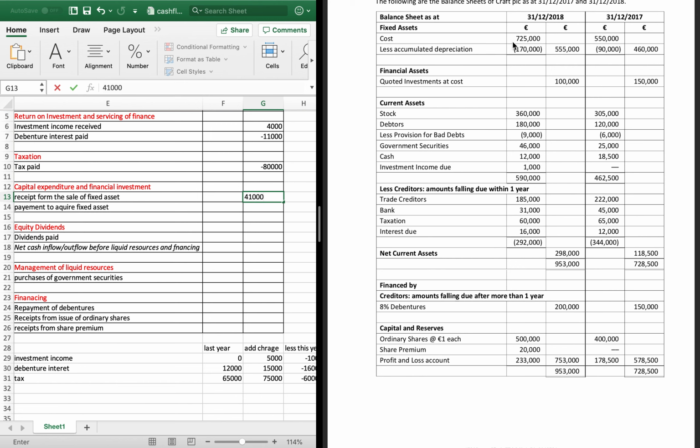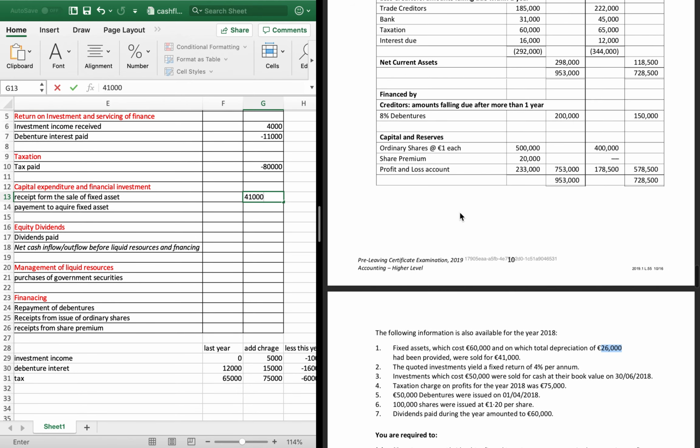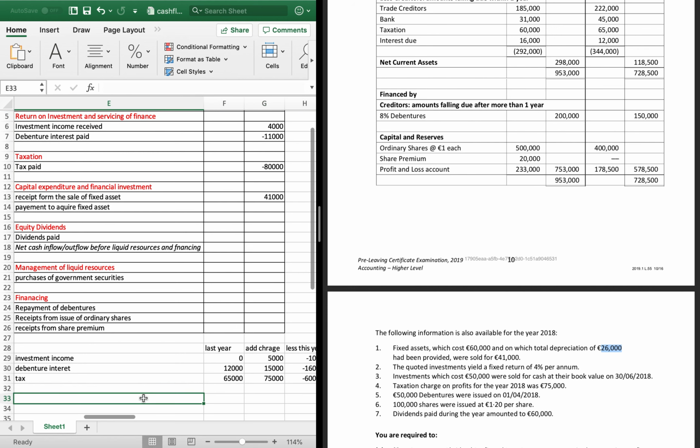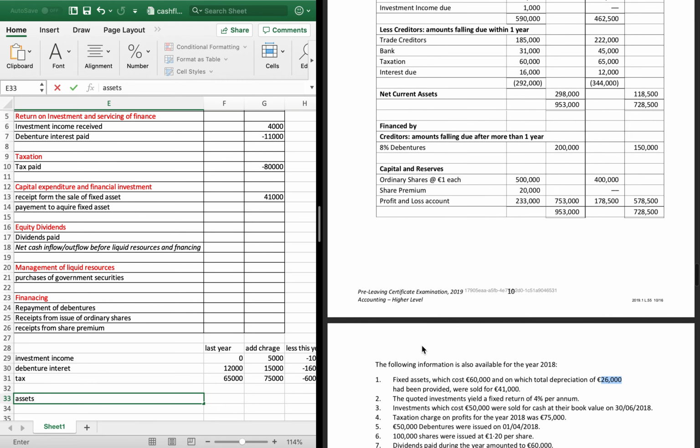They've gone from 550 up to 725, which would indicate we've spent 175. But that 550 includes the asset that we've sold, which cost 60. So the assets have gone from, in effect, 550, and they've gone down by 60.